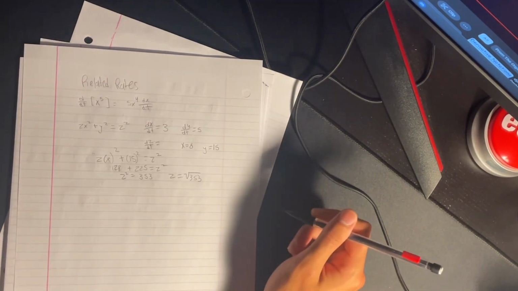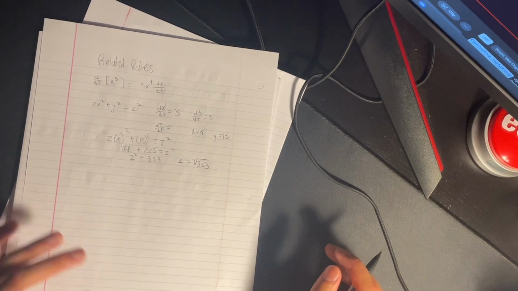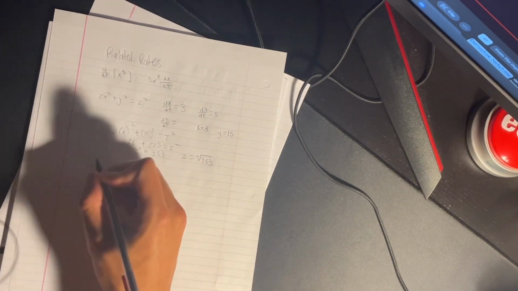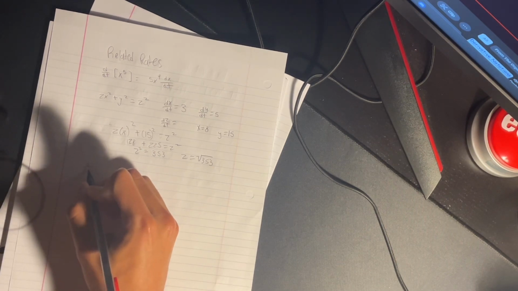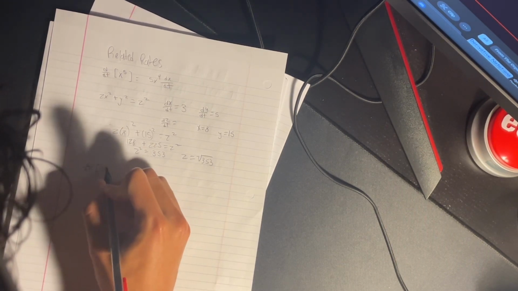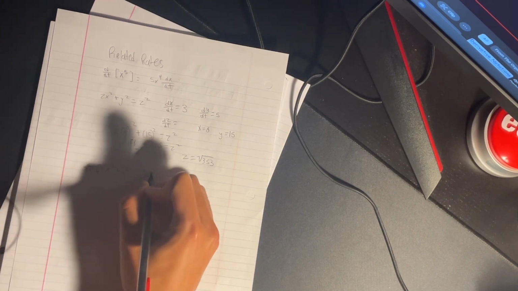Now we can actually differentiate the equation. Okay, so let's do that. So d dt in parentheses 2x squared plus y squared equals z squared.